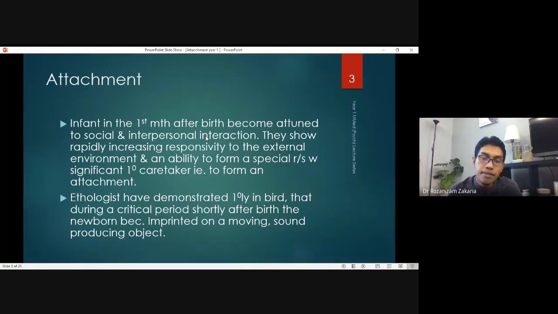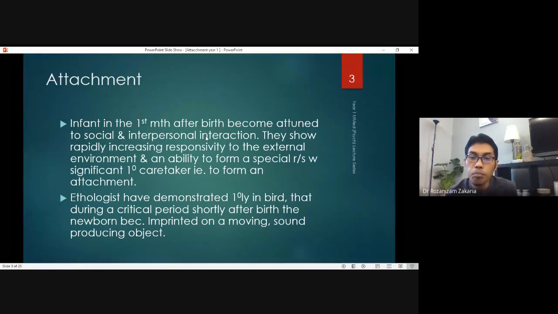That means they start to react to those who can respond to their distress signals, mostly the mother. Ethologists, those who study animal behavior, started to understand attachment based on their observation of animal interaction.